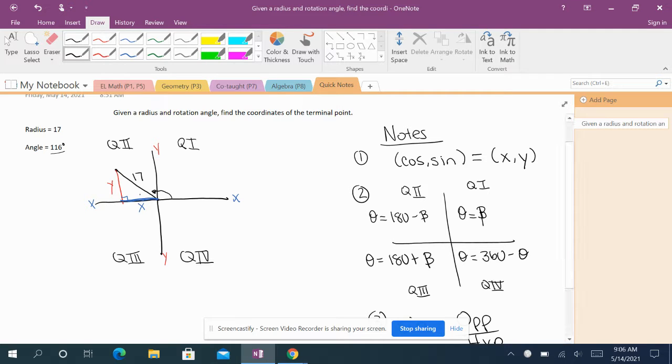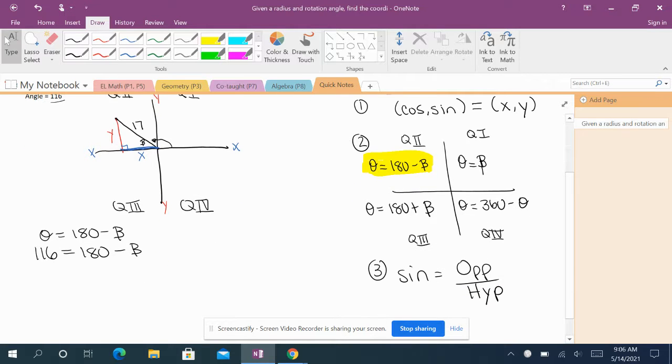What we don't know is this angle here, which we're going to call beta. But I do know that in quadrant 2, we have this equation, where theta is equal to 180 minus beta. So I'm going to set up my equation just like this. Theta is 116, and that's equal to 180 minus beta. Now we need to solve for beta.